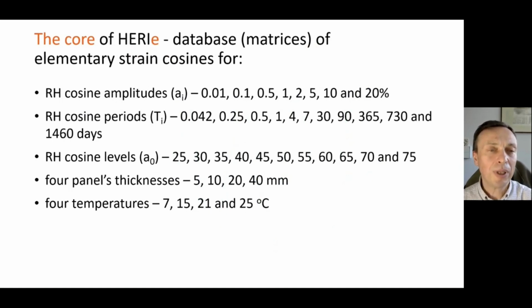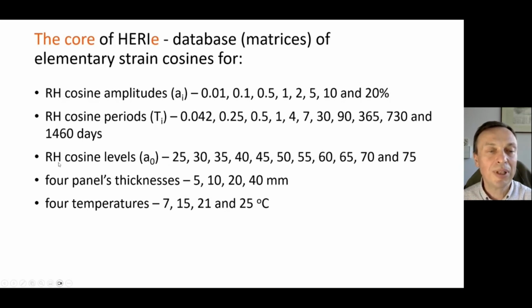And we performed this calculation. We calculated the cosine strains for various amplitudes of the variation, starting from very small and ending at 20%. We calculated for different periods, starting from hours and going to many days, more than 1 year.